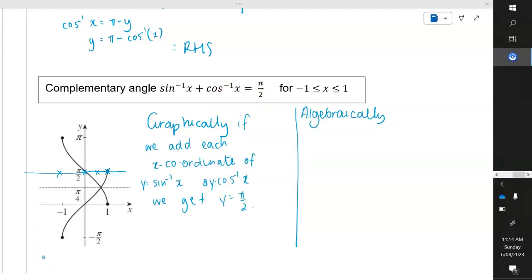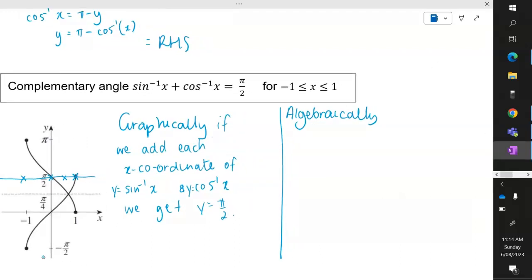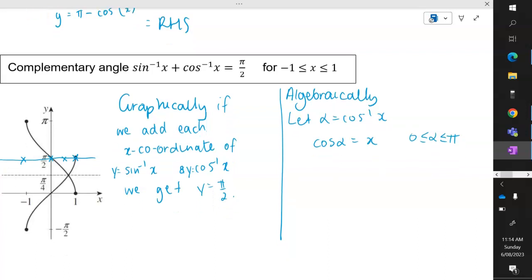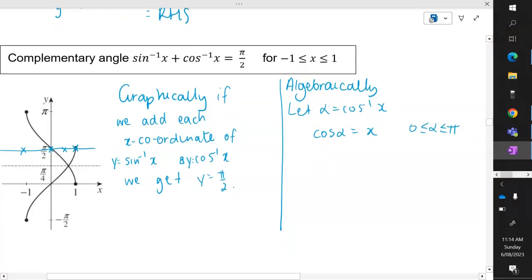Okay, let's see if we can get this to work algebraically now. I'm not going to work left-hand side to right-hand side. I'm going to look at the cos inverse of x first. So if we just let alpha be equal to cos inverse of x, then I can say that cos of alpha is equal to x. But in this case alpha is going to be between 0 and pi in our restricted domain. Now we need to relate sine and cosine back with each other.